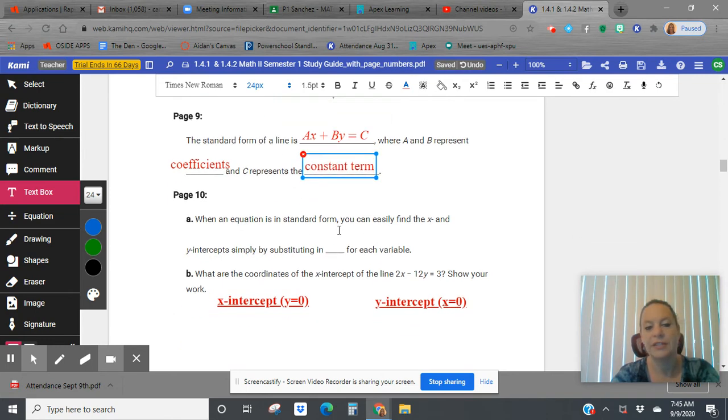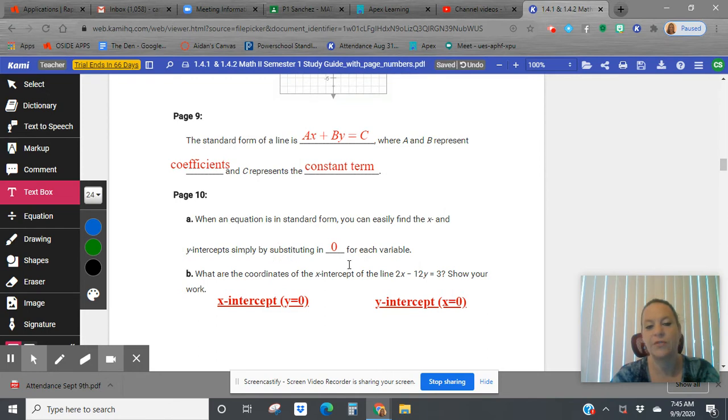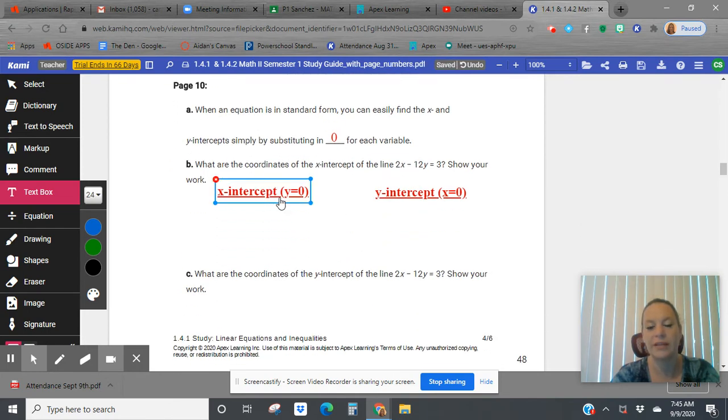When an equation is in standard form, you can easily find the x and y intercepts simply by substituting in 0 for each variable. So for the x-intercept, the y is 0. For the y-intercept, the x is 0.